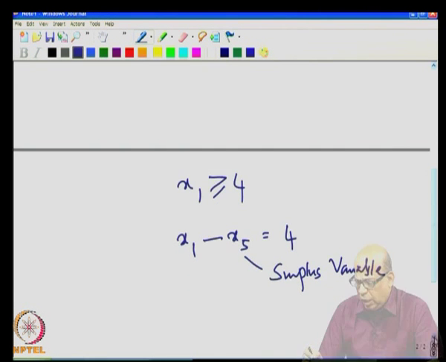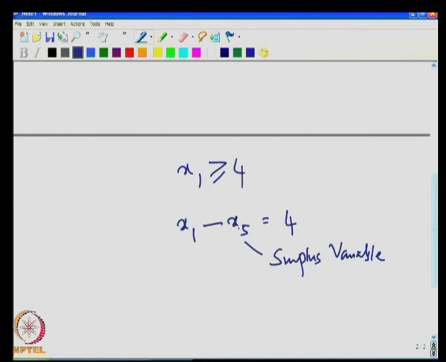And when I put x1 is equal to 0, what happens? x5 will be equal to minus 4. So, I get x5 is equal to minus 4, which is not feasible, for x1 is equal to 0.